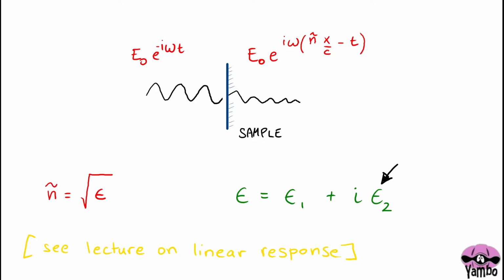Second, which theoretical approaches are available in Yambo to calculate the optical absorption? Which one would be the most appropriate? Well, we don't know so much yet. We have only had one lecture, the previous one, so we just refer to that one.